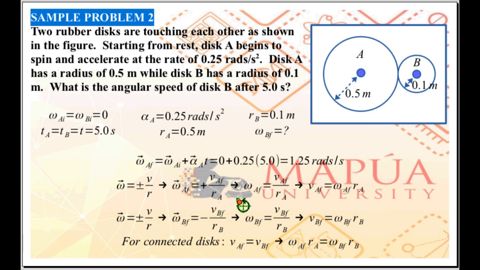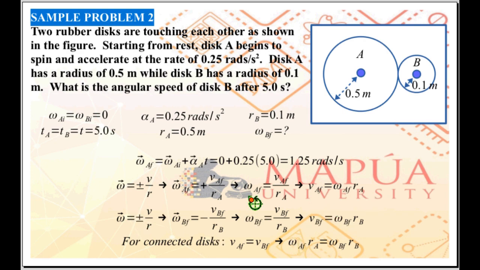Converting this into scalar, just getting the magnitude of this equation, we have omega A final is equal to VA final over RA. Transferring RA to the other side, we have VA final is equal to omega A final times RA.